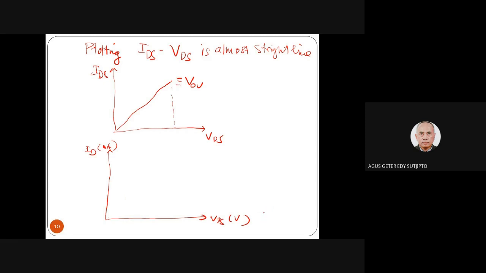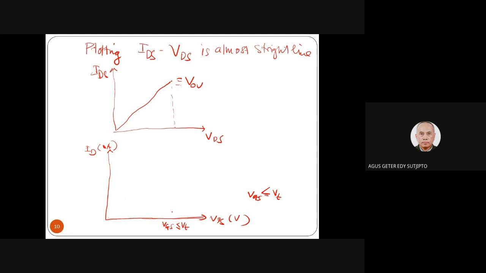If VGS is equal to or less than VT, what happens, is there any current? If VGS is less than the threshold voltage, there is no current. Am I right? So this is VGS equal to or less than VT.